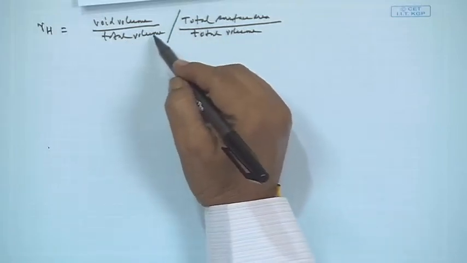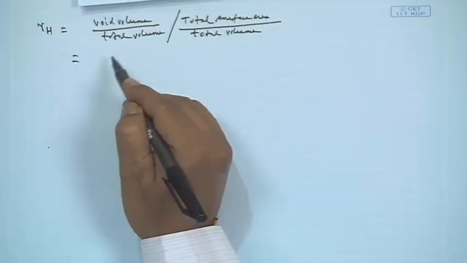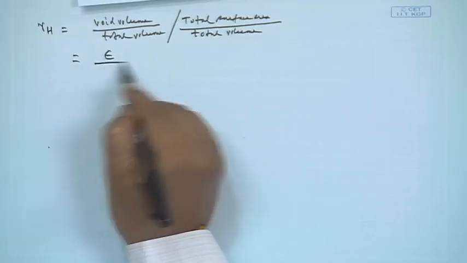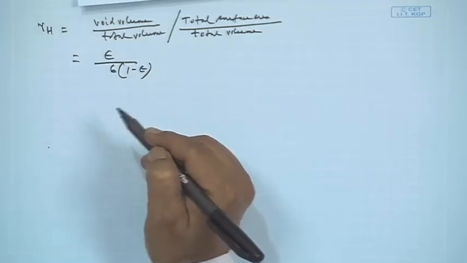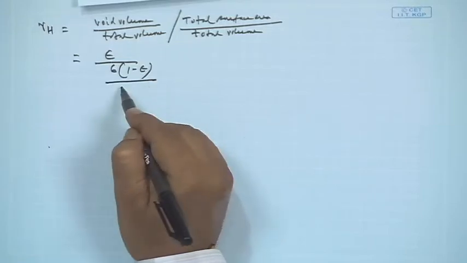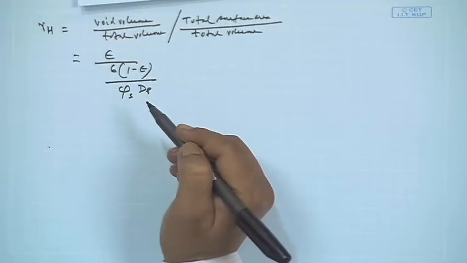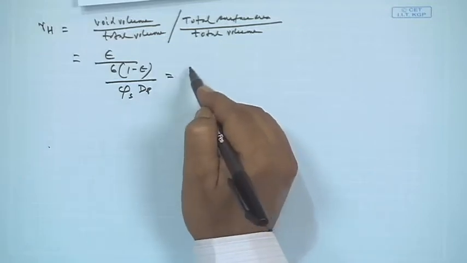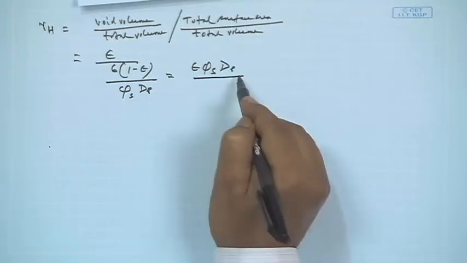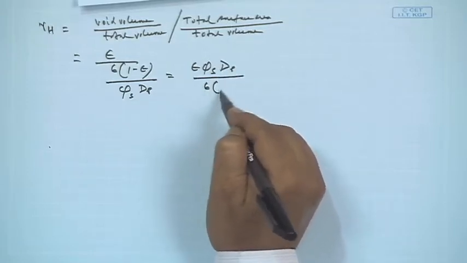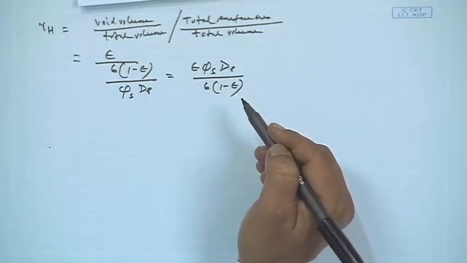Now, void volume by total volume, we have seen this is equal to epsilon by 1 minus epsilon. So, RH is equal to epsilon phi s dp divided by 6 into 1 minus epsilon, right.